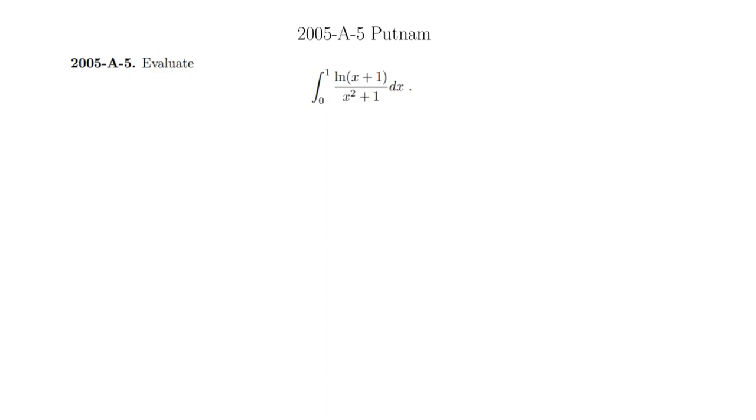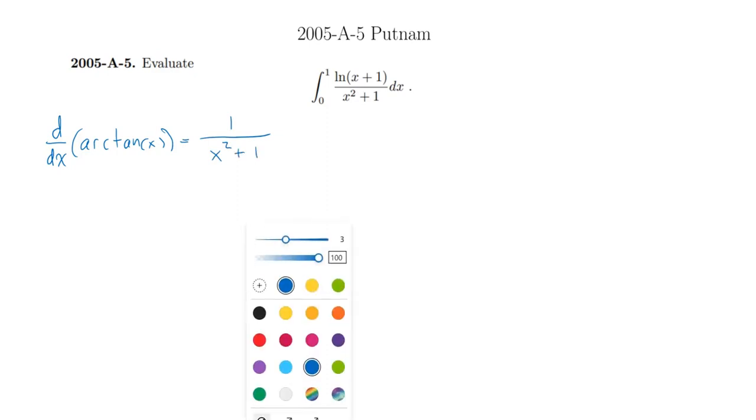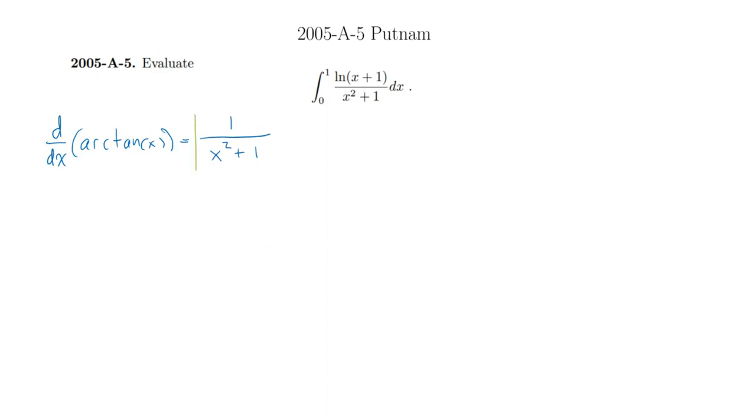Now, we notice in the denominator this x squared plus 1, and if you recall, the derivative with respect to x of the arctangent of x is equal to 1 over x squared plus 1. And we see this 1 over x squared plus 1 in our integral.